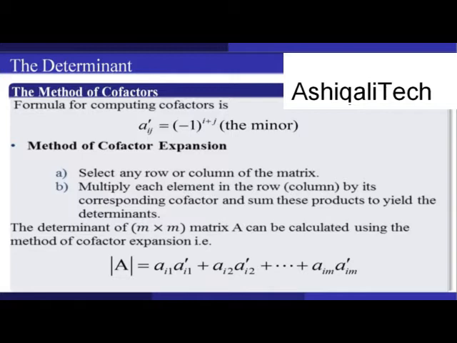The determinant of an m by m matrix A can be calculated using the method of cofactor expansion. That is, determinant of A is equal to Ai1 prime plus Ai2 prime plus, and so on, up to Aim prime.